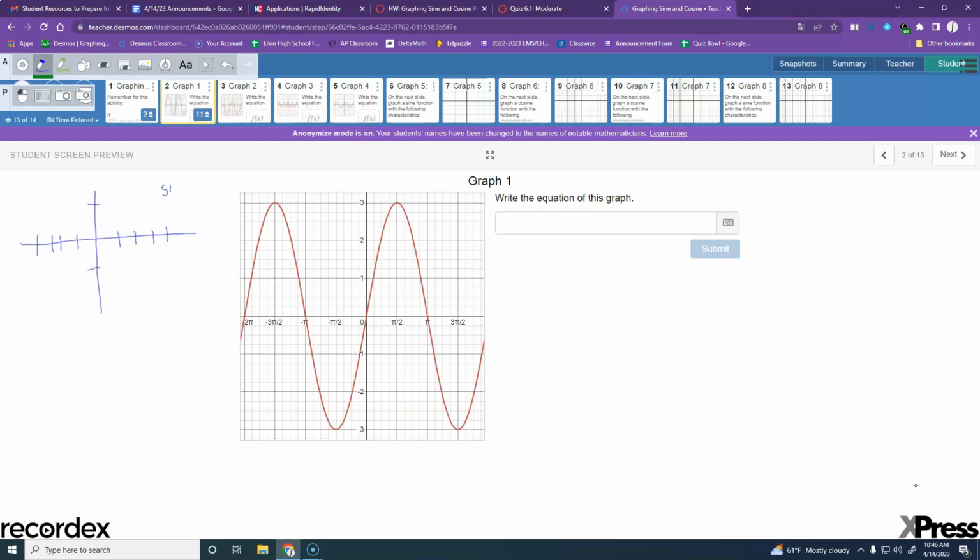So that sine graph that we had, its y-intercept was at the midline. And then it goes 1, 0, negative 1, 0. So the original sine graph looks like this.